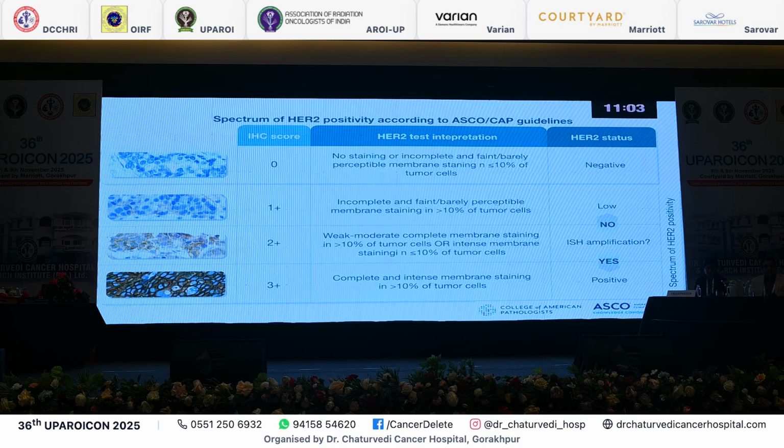An important thing is that this is a part we are somewhere missing with the pathology labs, and gradually the collaboration between pathologist and oncologist is happening, and now they are more aware, more cautious and more vigilant to detect HER2 positivity. And now even 1+ HER2 can be targeted in the metastatic setting. Gradually it will come in the neoadjuvant setting. But till now, 3+ and FISH positive HER2 positive disease can be targeted with anti-HER2 agents.